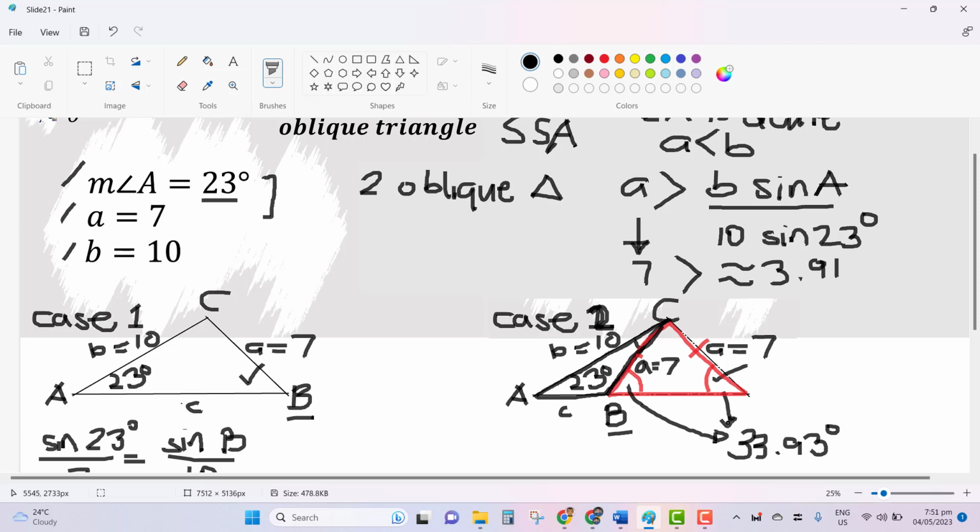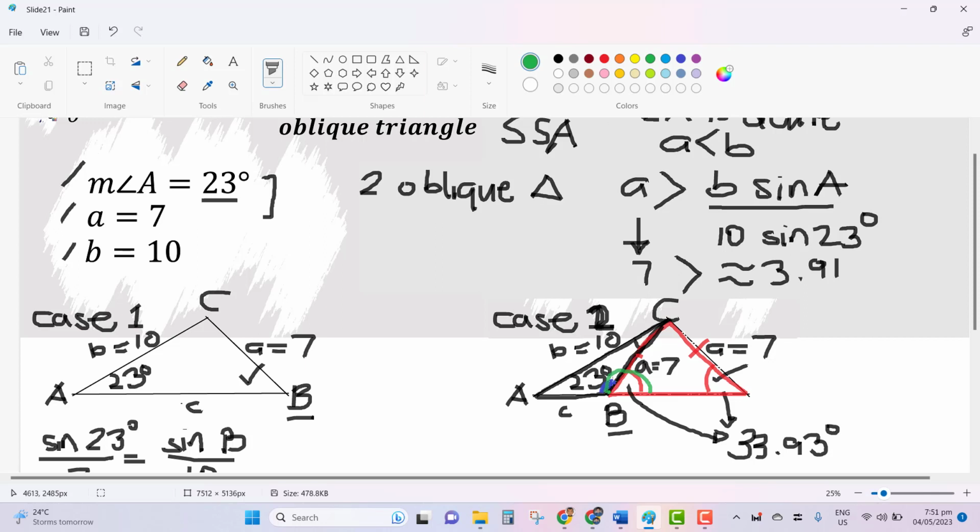What is the purpose of this information? Notice that we are solving this angle B here, not 23, because 23 is the angle A. The relationship of this angle and the blue colored angle is that they form a linear pair. And according to the linear pair postulate, they are supplementary.